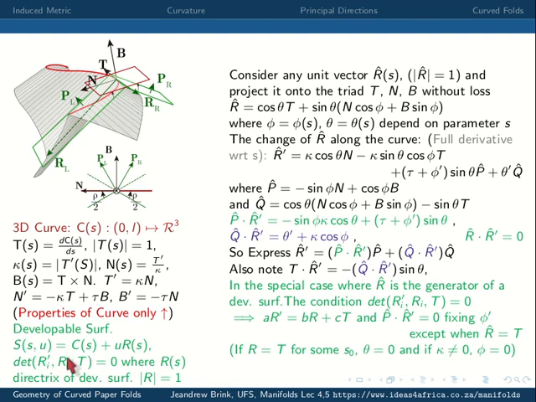And then we gave the most general expression for a unit vector in any direction, except that we expressed it in terms of a triad that was fixed to the curve. And then we simply worked out the consequences of the fact that it was a developable surface, as well as the fact that, from the curve's properties, we knew how the triad that moves along the curve changes.